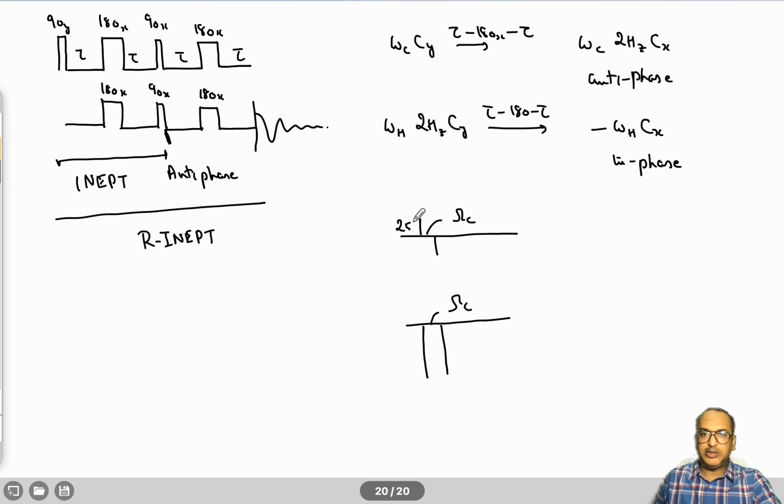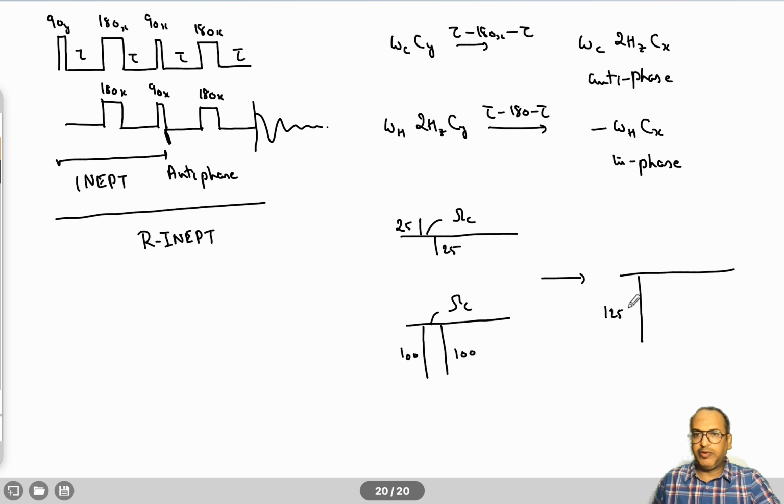Now you see that this is 25, this is 25, this is 100, this is 100, so the resultant spectra will be 125 units negative, and, sorry, this will be 75 units negative and 125 units negative.